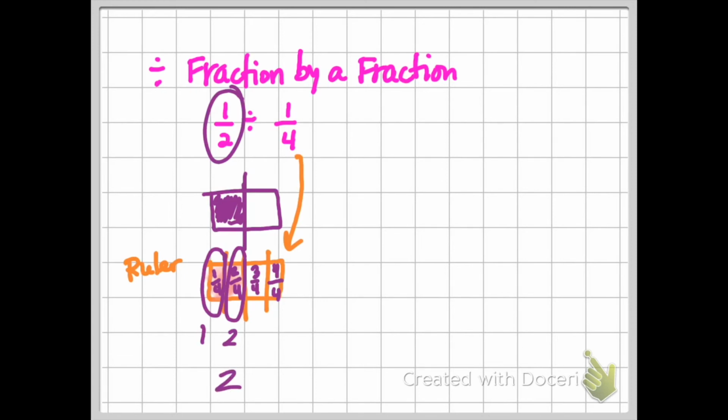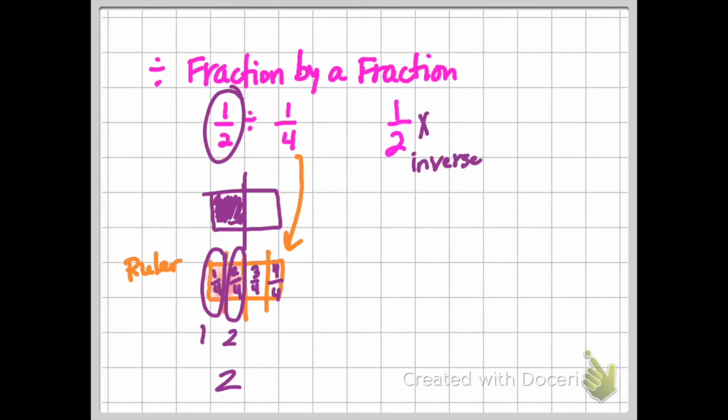Let's take a look at what this numerically looks like. So I'm going to go back. And remember that I started off with 1/2. My total stays the same. So same. I'm going to change division to multiplication because that's the inverse operation or the opposite.